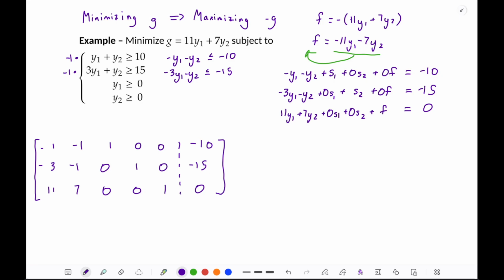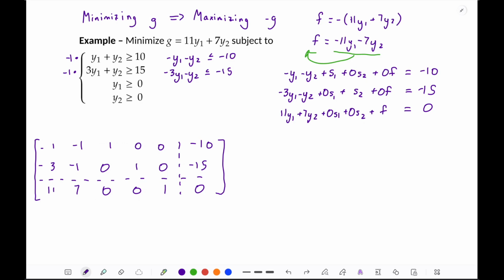We've got a separator for the constants, a separator for the objective row. A nice thing to keep in mind to make sure that you set this up correctly, there should always be an identity matrix right here. So notice how there's ones on the diagonal, zeros everywhere else. If you don't get the identity matrix, double check and make sure you did things correctly.